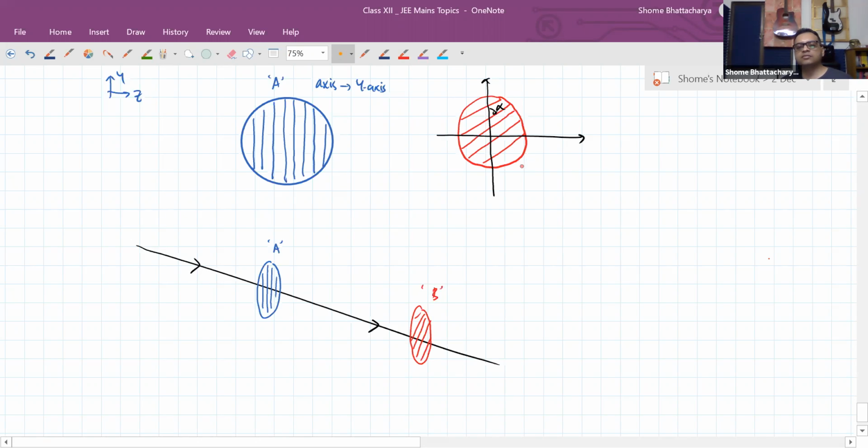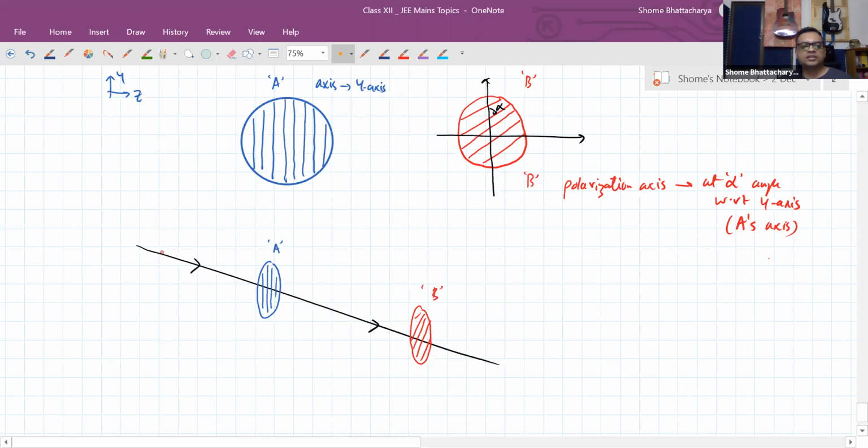Given that this angle is alpha, B's polarization axis is at alpha angle with respect to the y-axis, or A's axis.